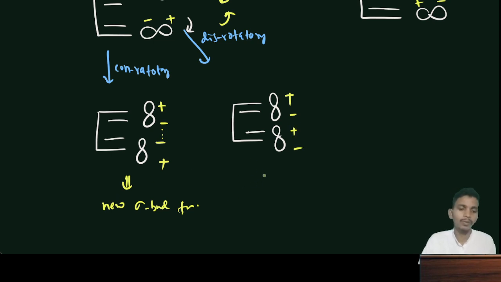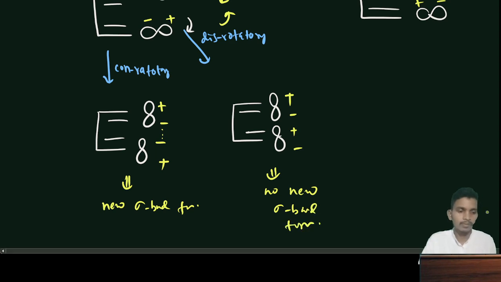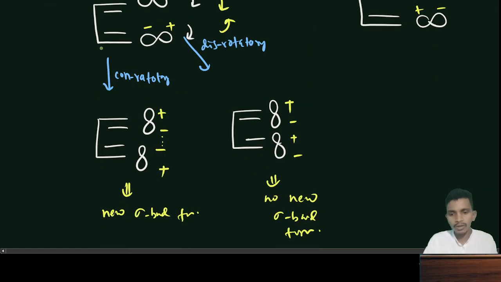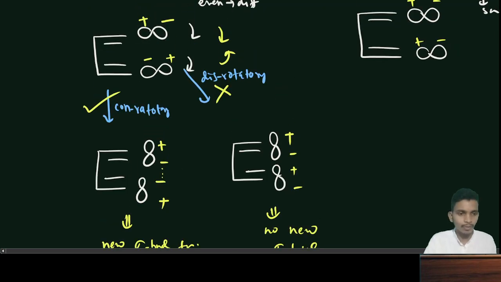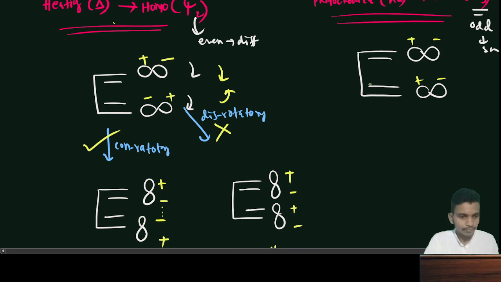So here no bond formation happens. No new sigma bond forms. So what we see is that on heating, conrotatory bond formation is happening and disrotatory bond formation is not happening.